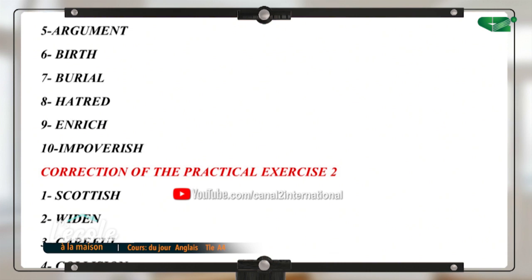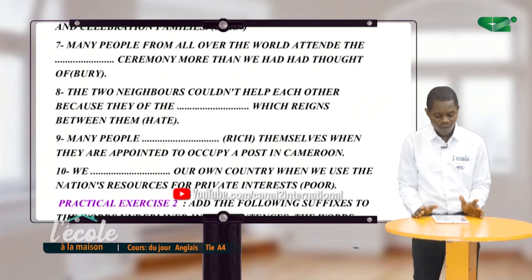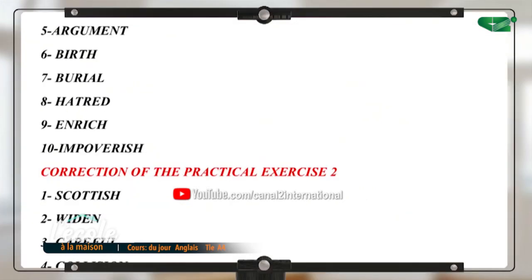Number 9. Many people dash themselves when they are appointed to occupy a post in Cameroon. You have inside the bracket rich. The fact of making money illegally, in that context, is considered as enriching yourself.